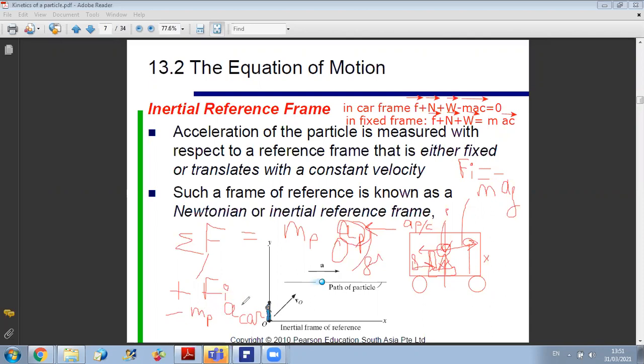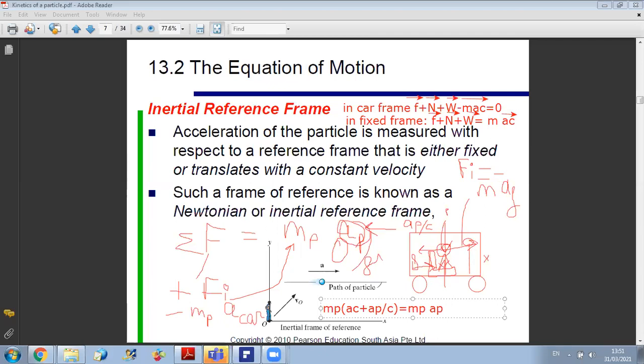So if you take this term to the other side of your equation, you will get m_P times the acceleration of the car plus the acceleration of the person relative to the car. And what is the acceleration of the car plus the acceleration of the person relative to the car? It is the relative acceleration equation. This will give you m_person times the acceleration of the person.